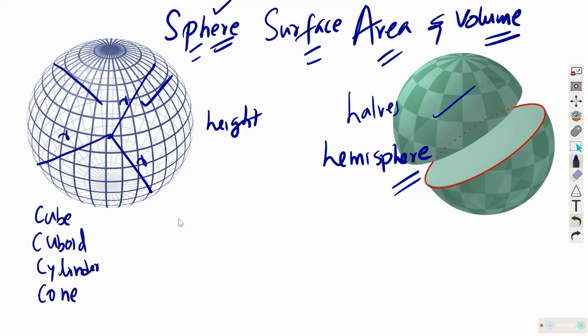If you have a cricket ball or something in your hand, think about this globe itself. I will remove whatever I have drawn on the globe. Okay.